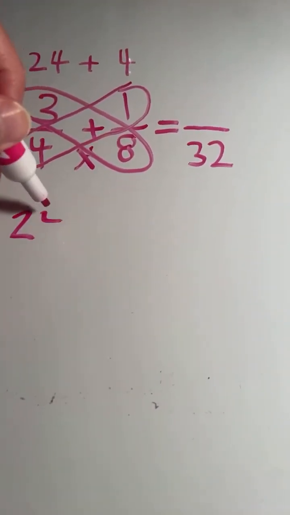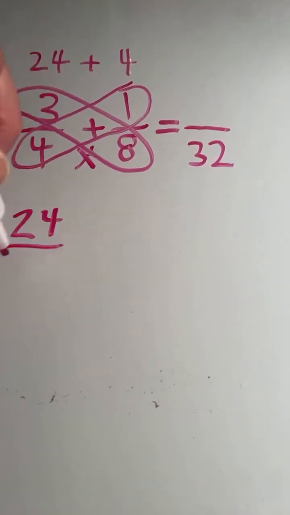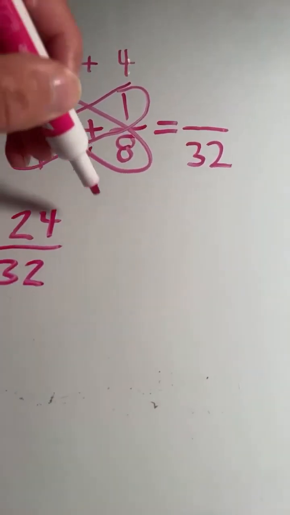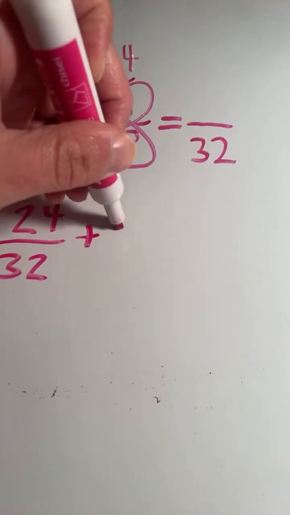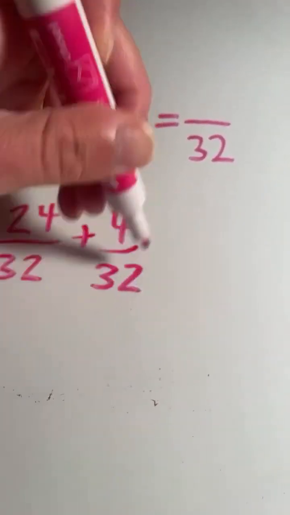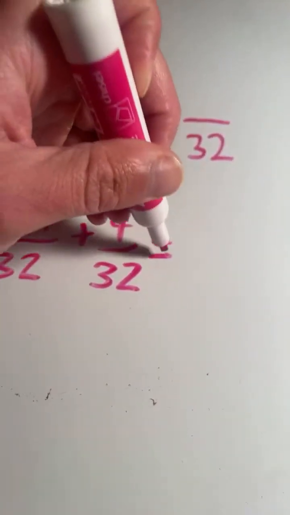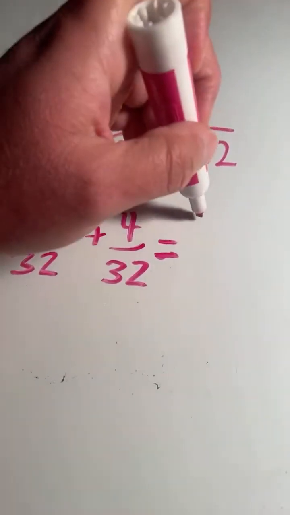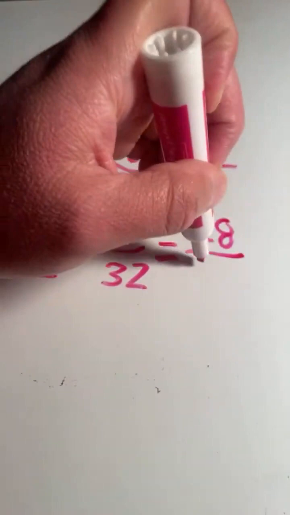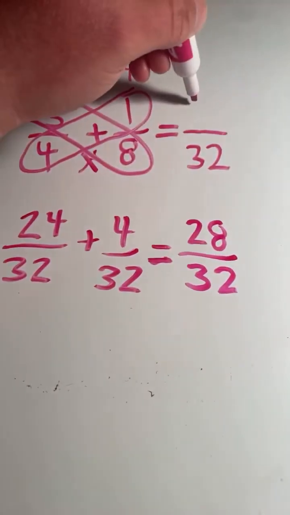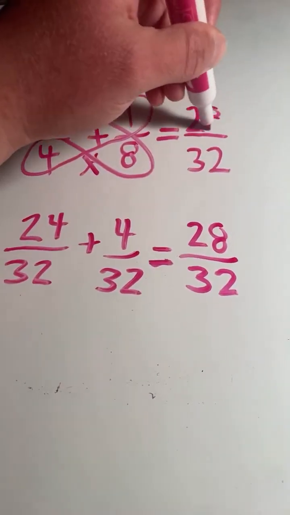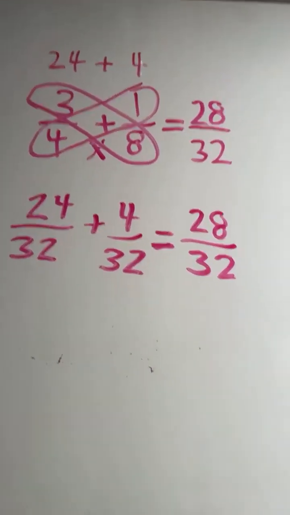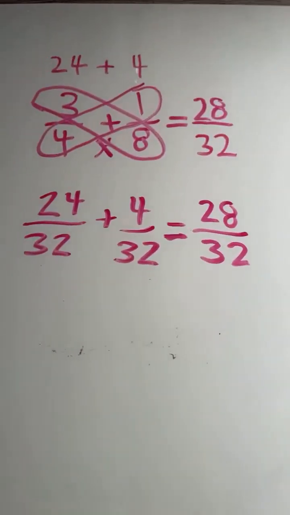So 3/4 has converted to 24 32nds. 1/8 has converted to 4 32nds. 24 plus 4 equals 28. So 3/4 plus 1/8 equals 28 32nds.